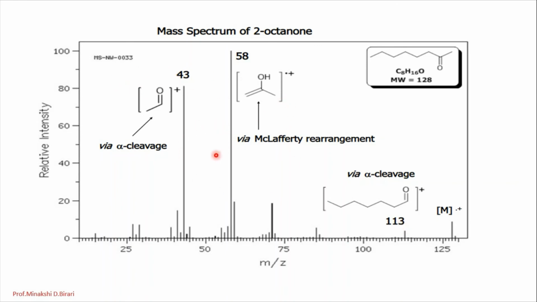Via alpha cleavage, the peaks are observed at m/z 43 and 113. And via McLafferty rearrangement, there is a peak at m/z 58 due to this enol radical cation.